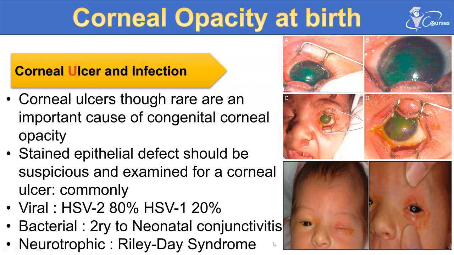There are different manifestations, like motor incoordination and increased sweating, and in those patients the corneal innervation is deficient. There is loss of the corneal innervation, leading to neurotrophic keratitis. So these are the main three reasons for corneal ulcer that will result in corneal opacification at birth.